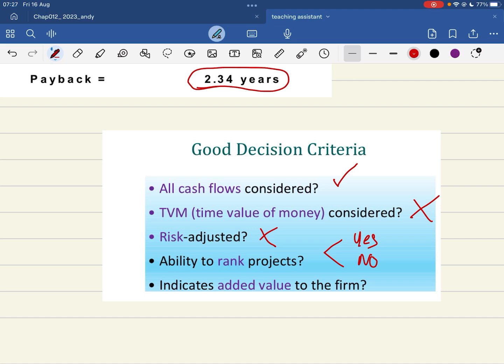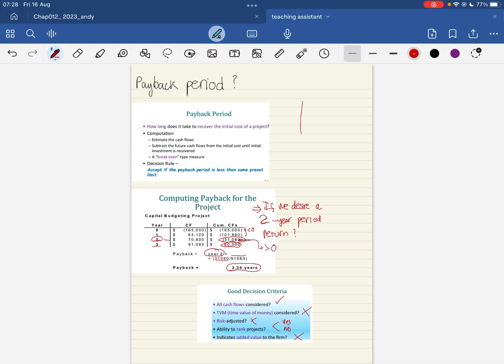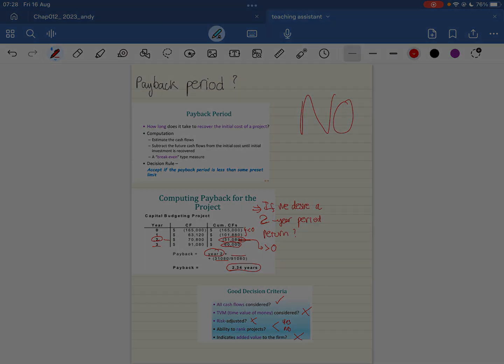But there are also projects where we need quick liquidity. Therefore, it is a yes and it is also a no. So does it indicate an added value to the firm? No, it does not. Therefore, payback period should not be our primary decision rule. Indeed, we should use NPV, which is way better than payback period.